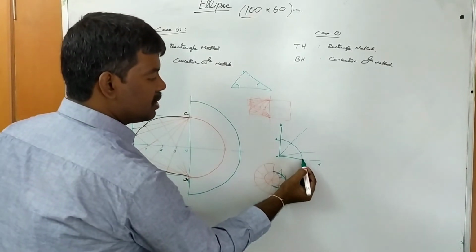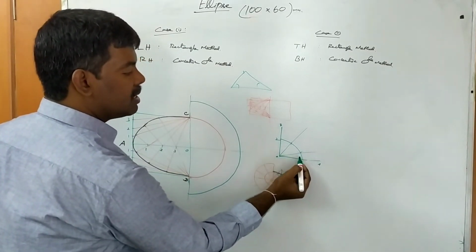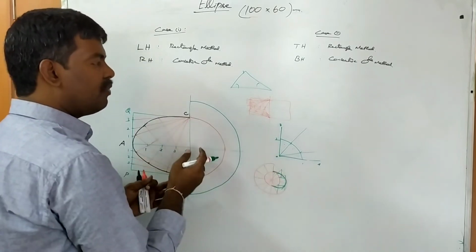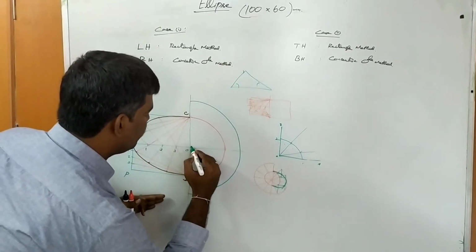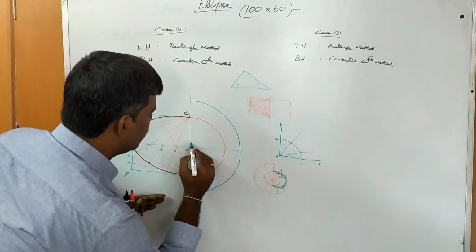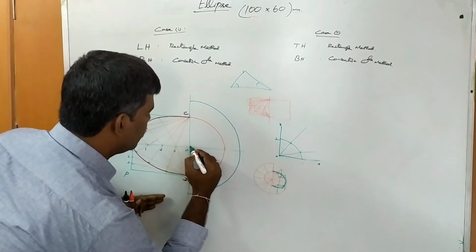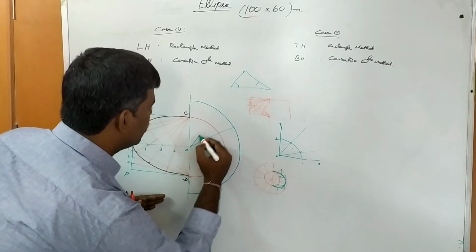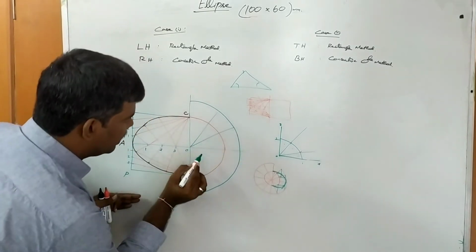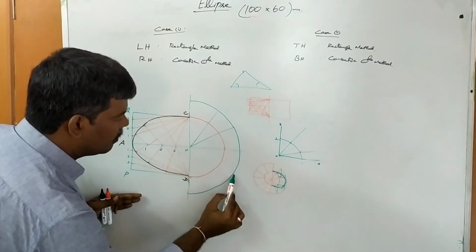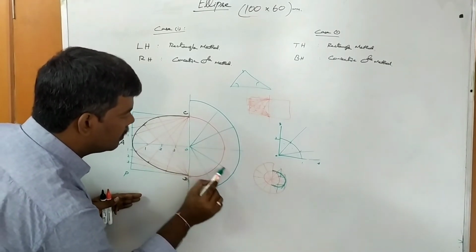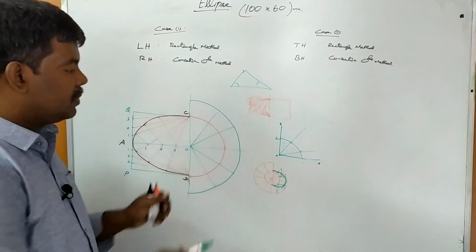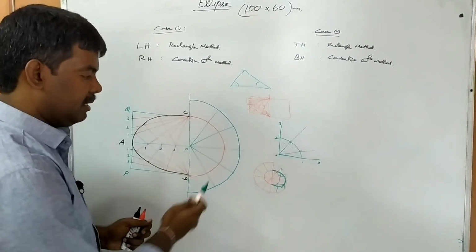So these distances are all equal, that is 30 degree, 30 degree, 30 degree. Same procedure you follow, or otherwise by using the 30-60 degree set square you draw. 30 degree, 60 degree. Similar case, 60 degree, 30 degree. Okay, so 30, 60, 90, like that.